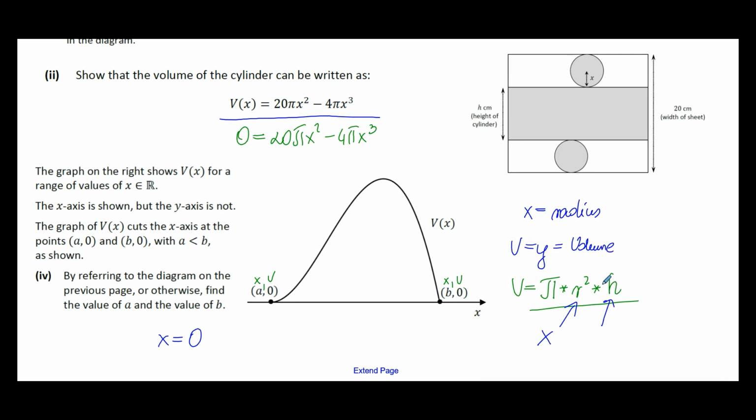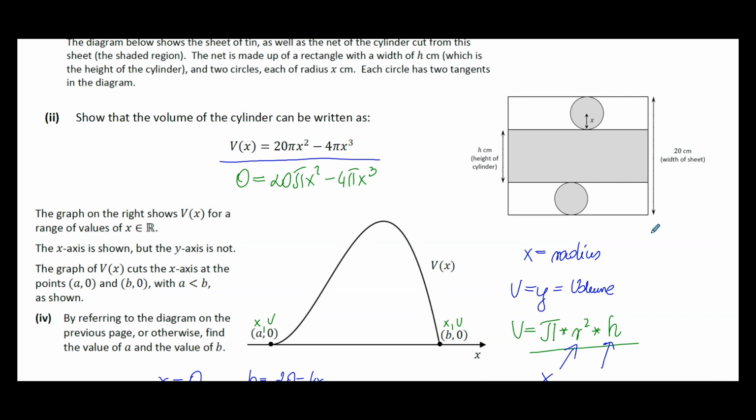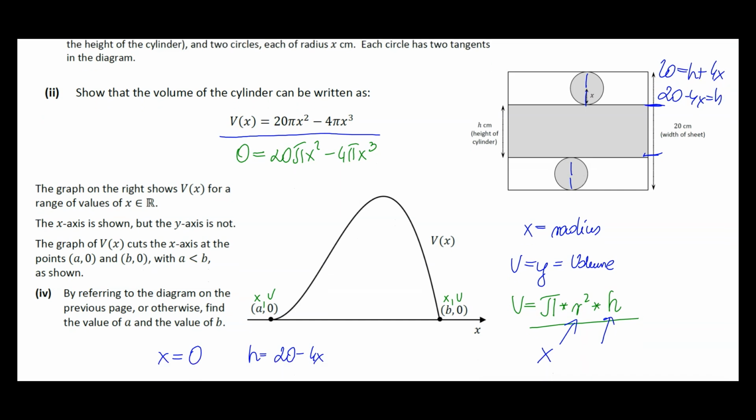And in the previous part, we had an expression for h, 20 minus 4x. How did we get that 20? Because that length 20 has h in it, and it has x here, x, x. So 4x. That's how we moved that to the other side, and how we got that value here.